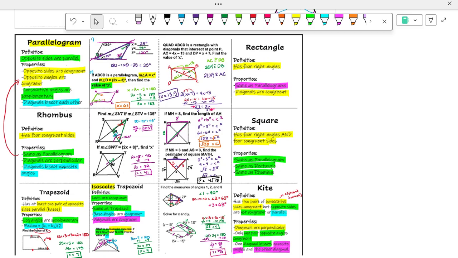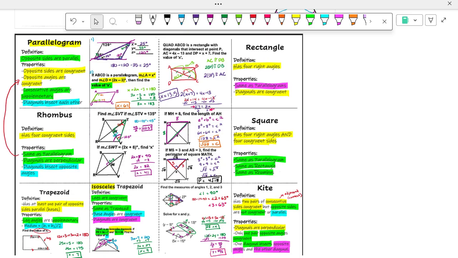All right. So I would jot this down in your journal as well, because in terms of memorizing the different properties, if you know the properties of a square, you know pretty much all of them up to a quadrilateral. Parallelogram, if you know the properties of a parallelogram, you pretty much have almost all the properties of a rhombus, a rectangle, and a square. All right.